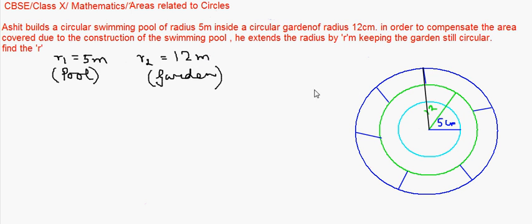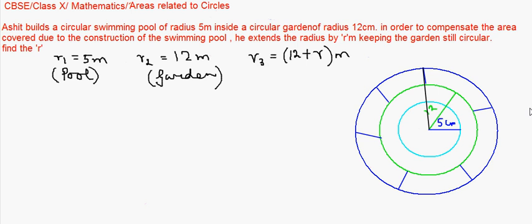The radius of the external circle, r3, for the dark blue circle, should be 12 plus r meter, that is the extension.